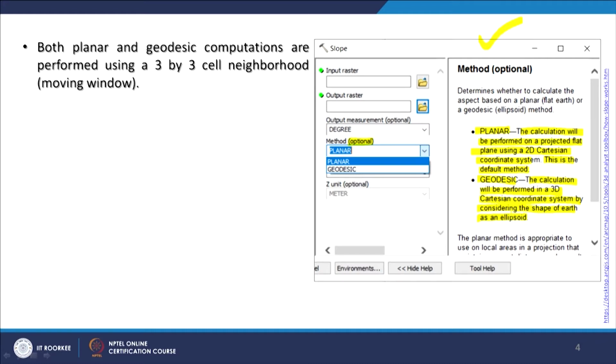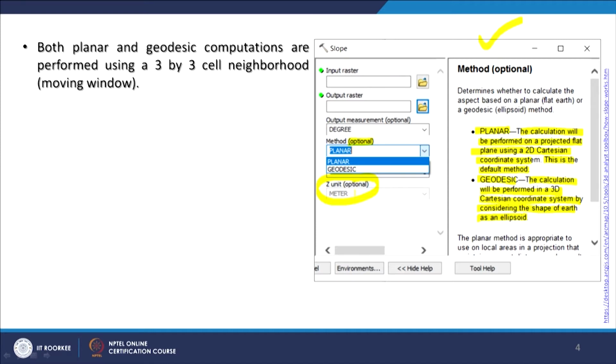And if you want further details, of course those are available. And remember all the time this Z factor: though it is written optional, when our digital elevation models are in decimal degrees and the cell values are in meters, we have to take care of this. We have already discussed this, and we will discuss it further when I demonstrate through a software.